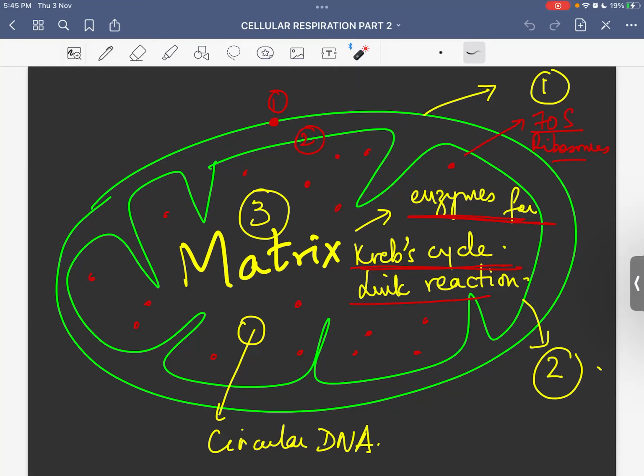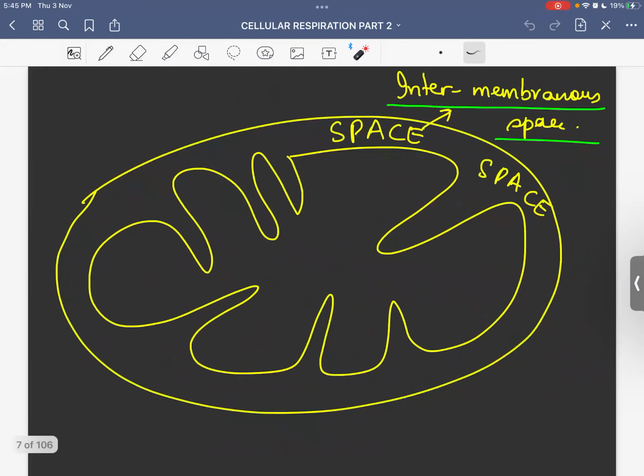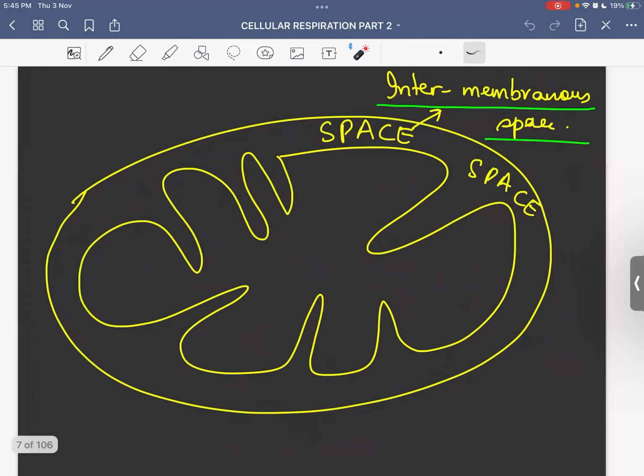So mitochondria just uses its own DNA, अपना DNA use करता है, अपनी proteins बनाता है, अपने enzymes use करता है. Okay. किसी पे depend नहीं करता, सर जल्दी से बन सके. Yeah. Exactly.